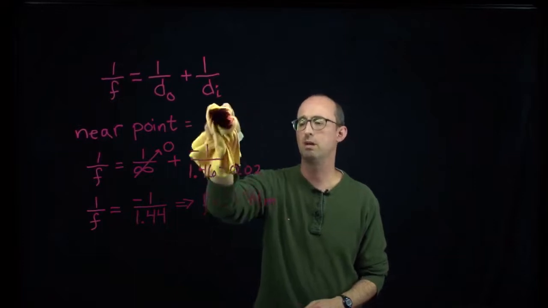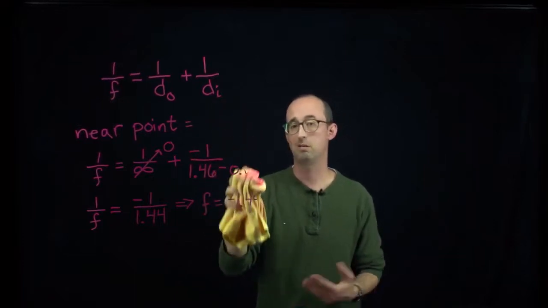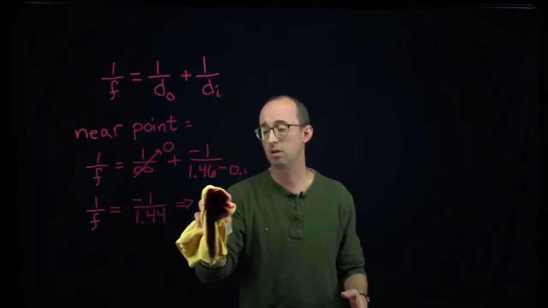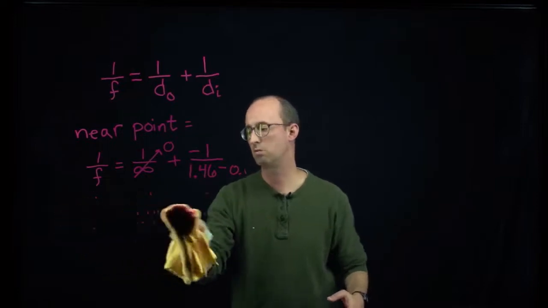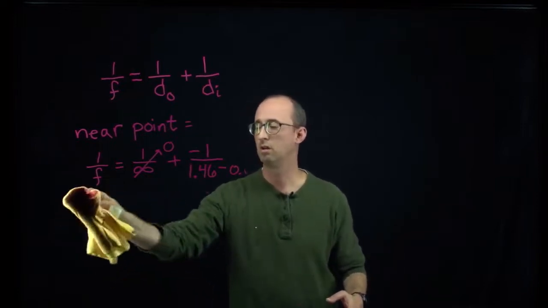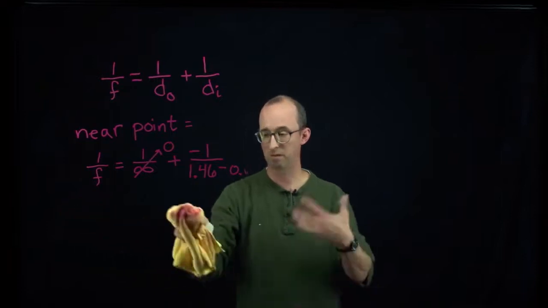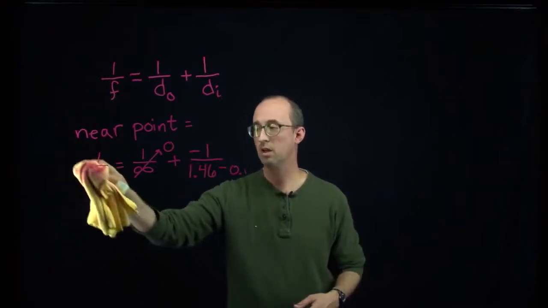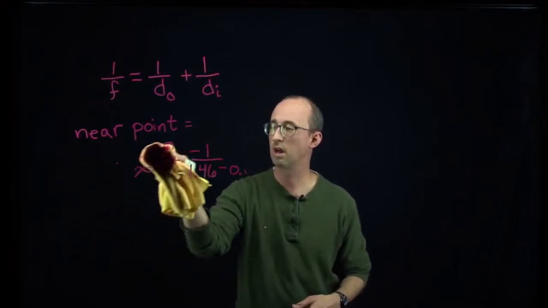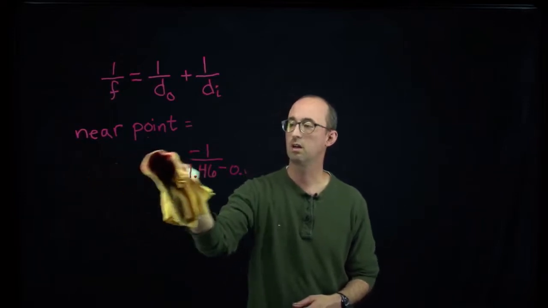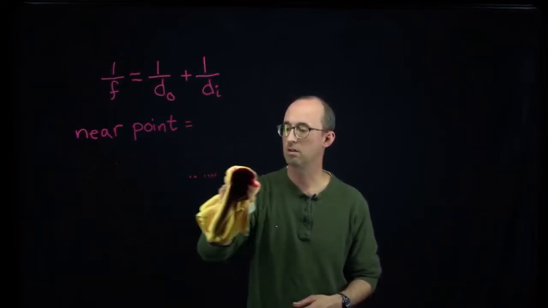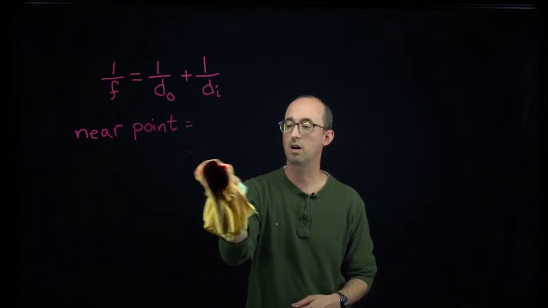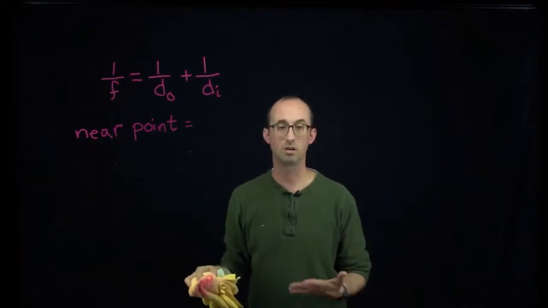For some people, it's better. Some people, it could be as low as 5 centimeters. But 10 centimeters is a really good estimate for what a person's near point is with perfect vision. And so we want it so that somebody can have something as close as 10 centimeters to their eye, and it still be in focus.